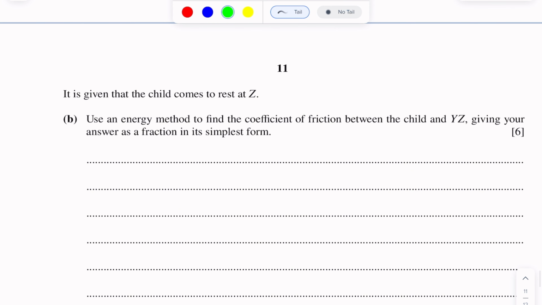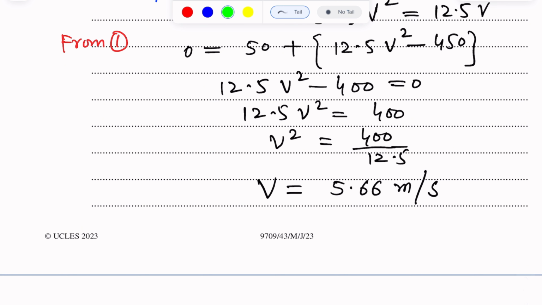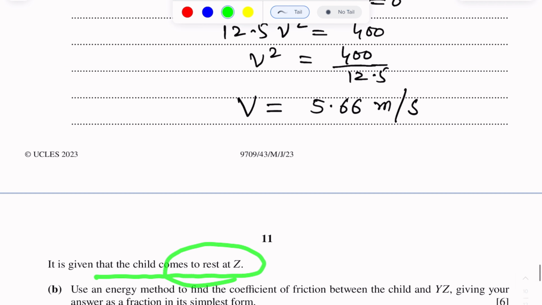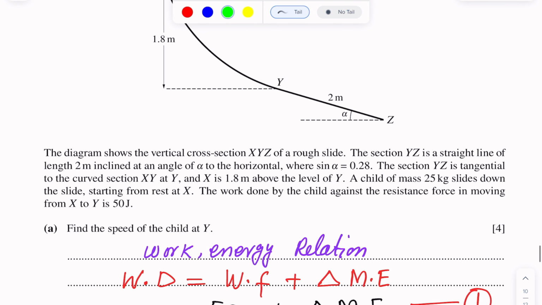The next part of this question is, it is given that the child comes to rest at z. Now this part of the slide is straight because it is tangential at y, so yz is straight.